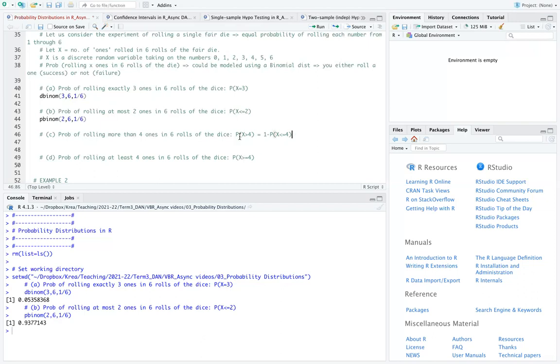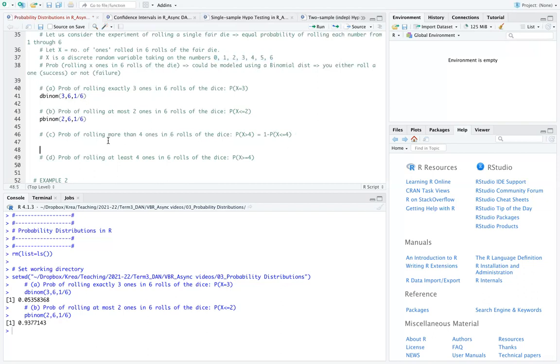So x being greater than 4 here would just count x equal to 5 and x equal to 6. Now, x can take on values ranging from 0 to 6. So if I only want the probability of 5 and the probability of 6, I can also compute that as 1 minus the cumulative probability from 0 to 4, because I know that the probabilities of all of these should add up to 1.